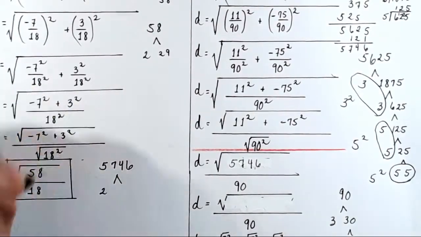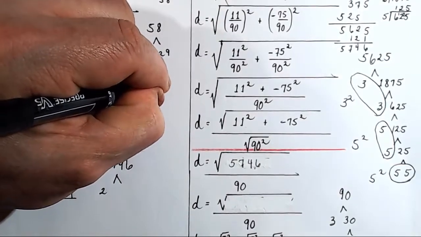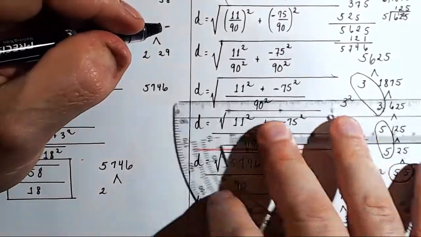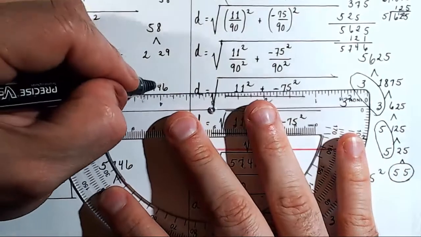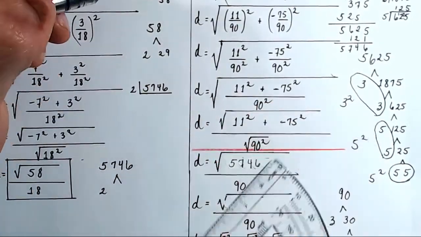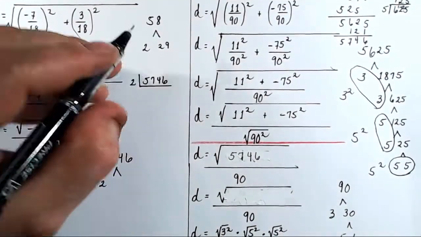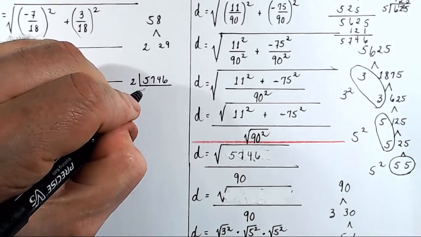First we'll divide by 2. 5746 divided by 2. I'm going to try this other method here. I don't like this very much. It's like upside down division. 2 goes into 5 twice.